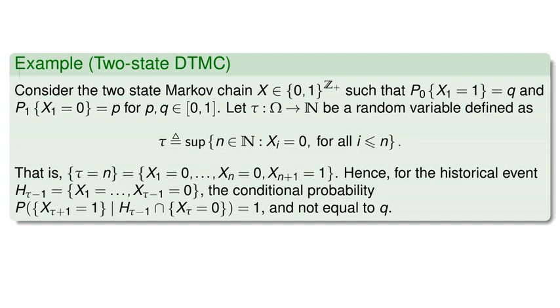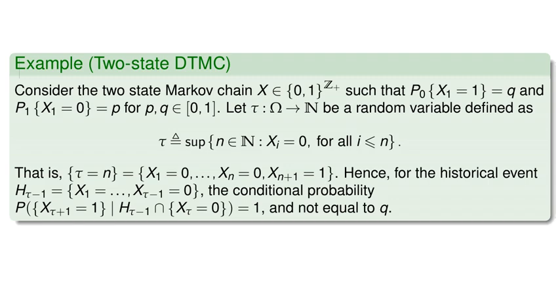Let's consider an example, a two-state DTMC. Consider the two-state Markov chain X in {0,1}^(Z+) such that P_0 of the set {X_1 = 1} is q and P_1 of the set {X_1 = 0} is p, for p, q in the closed interval [0,1]. Let τ mapping from Ω to N be a random variable defined as τ is the supremum of the set of n in N such that X_k = 0 for all k less than or equal to n.